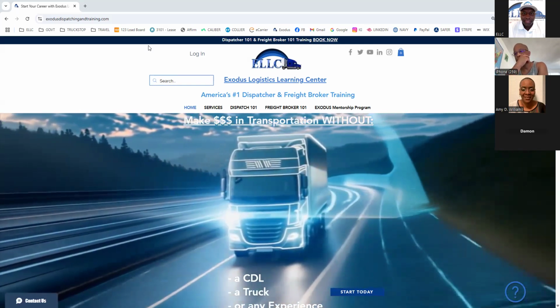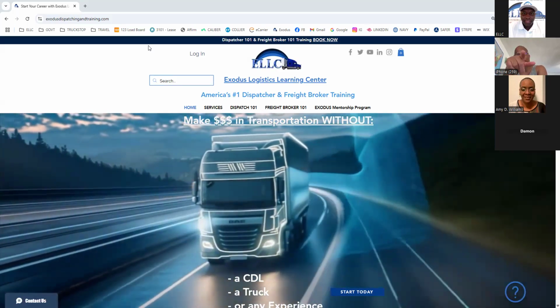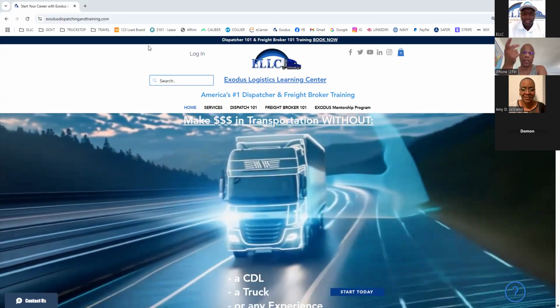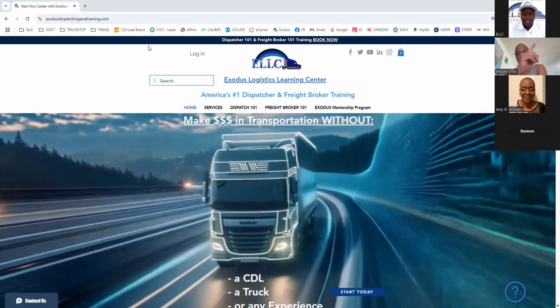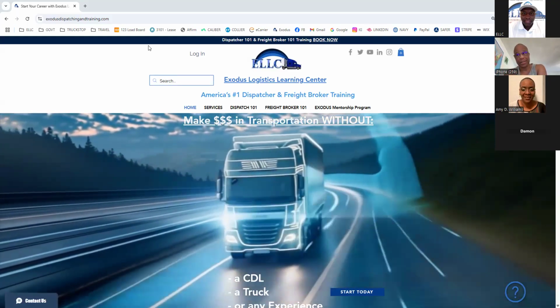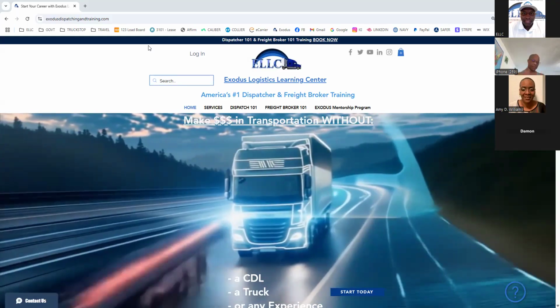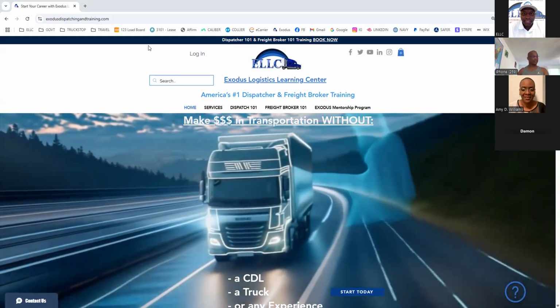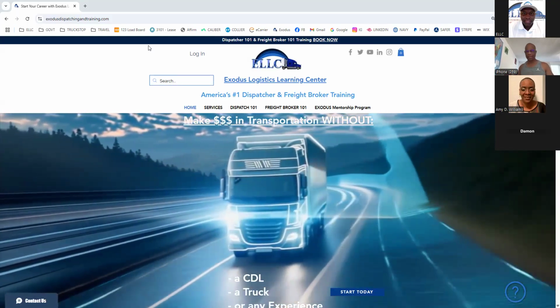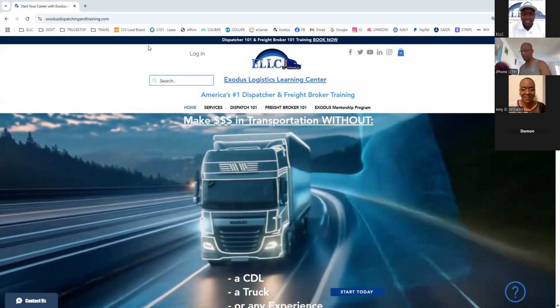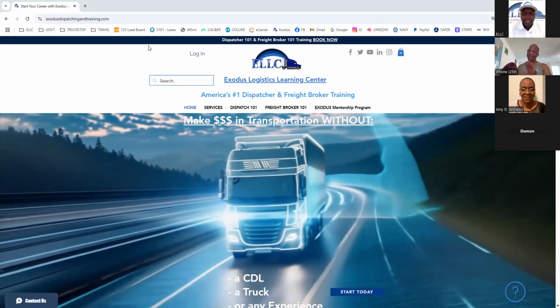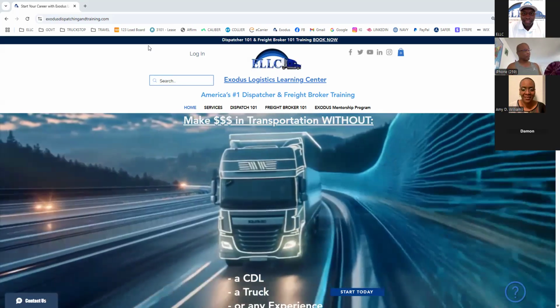So in other words, if I had called in as the dispatcher, I would have been able to take that load. Yes. See, that's the mistake. Damn, if I just would have dispatched it instead of done it from the brokerage side. Okay, I'm glad you cleared that up.